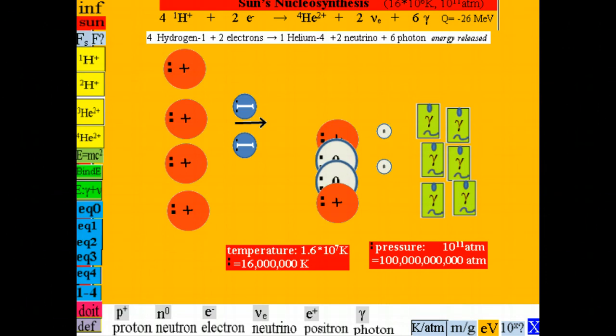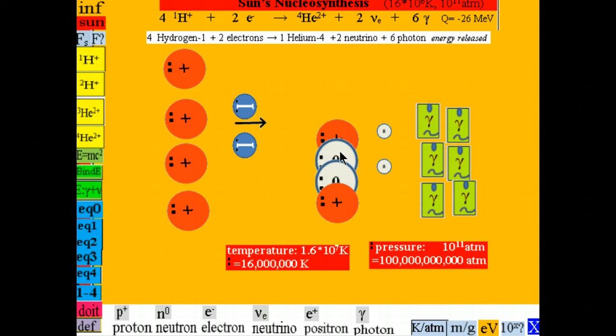When looking at this reaction, you should be astounded how this is possible. Here you have 4 protons and 2 electrons, and you end up with a nucleus that consists only of 2 protons but has now 2 neutrons.